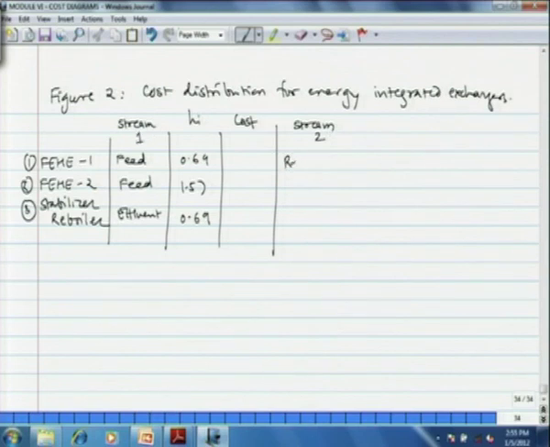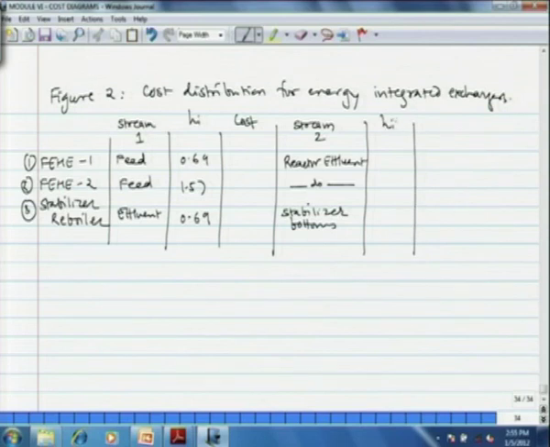For FEHE1 stream 2 is reactor effluent, second also reactor effluent, and for the third it is the stabilizer bottom. The film coefficients are 0.69, 0.69, 1.57, and then the cost. Okay. The total cost of FEHE1 is $40,000 annualized capital cost.